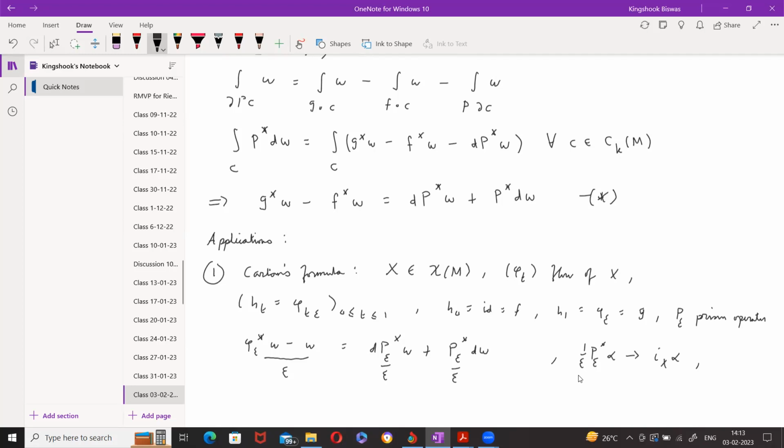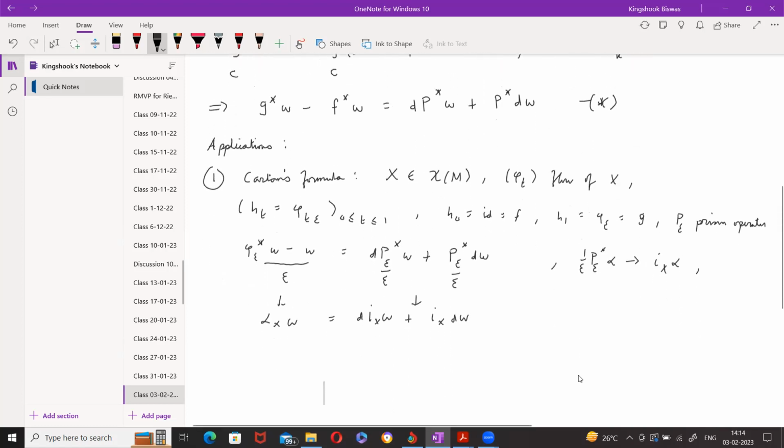So if I apply that on the right-hand side, then the right-hand side converges to d of I_X omega plus I_X of d omega. And the left-hand side, by definition, converges to the Lie derivative L_X omega. Is that clear? So this gives us Cartan's formula.